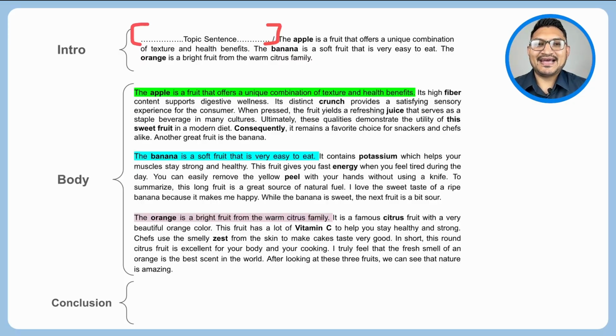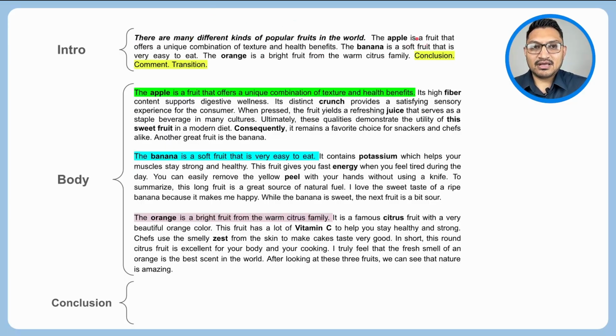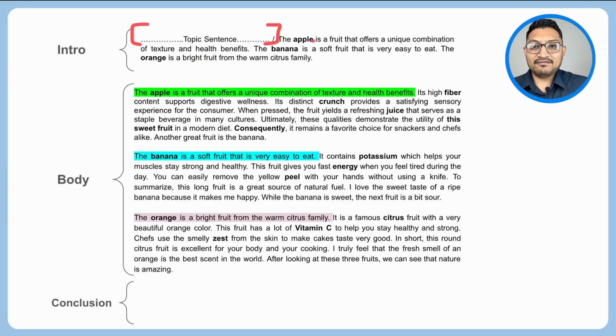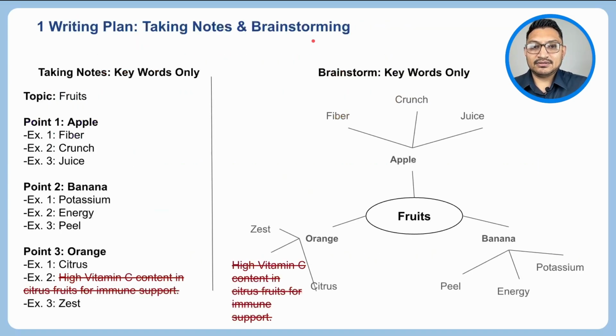So it has to be catchy, interesting, and also informing about what you're going to say next. If I'm talking about apples, bananas, and oranges, maybe my topic is going to need the word fruits. As a matter of fact, if you remember in our plan, that was the topic. So definitely that word should be in the topic sentence.